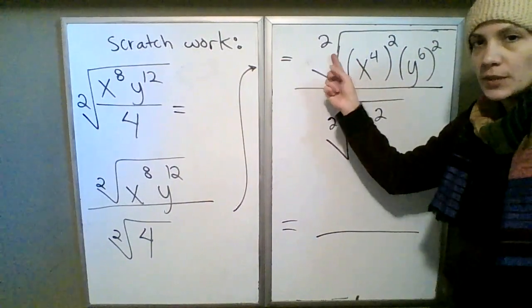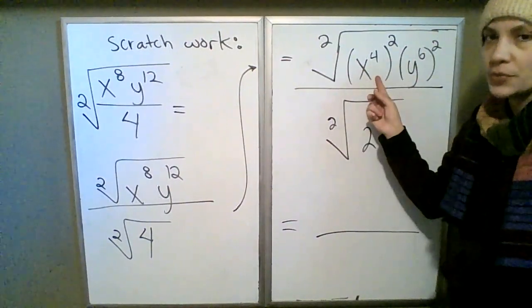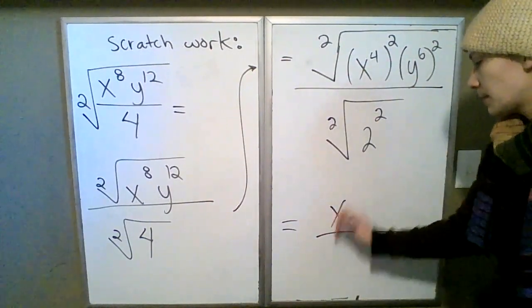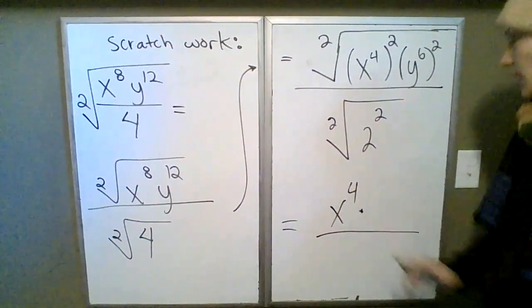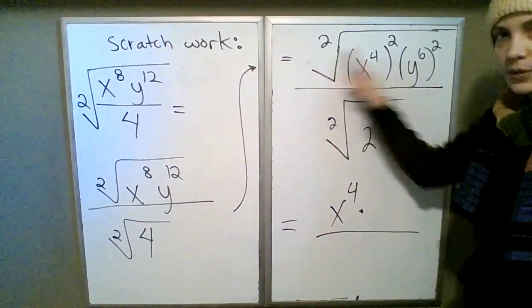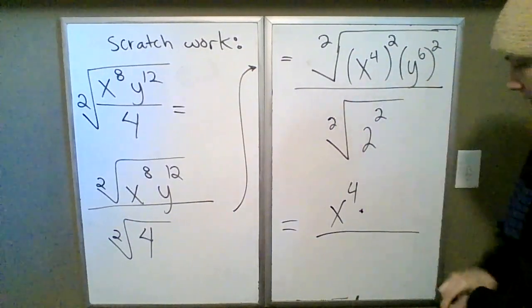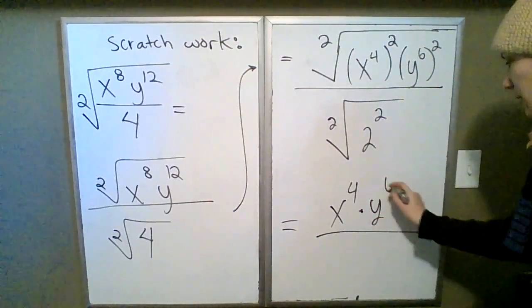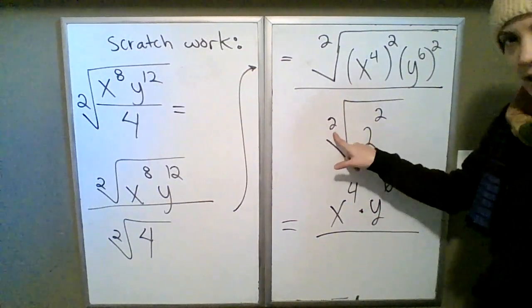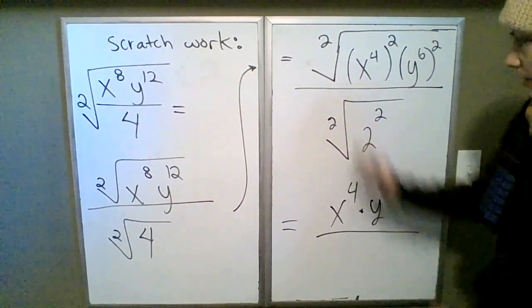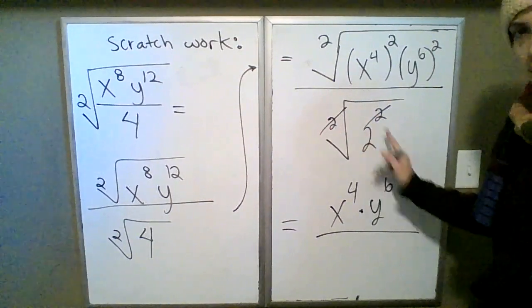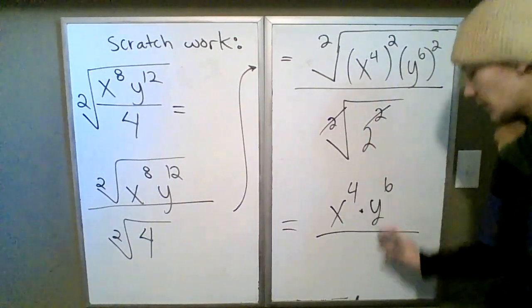Okay, so the root and power match, which leaves an x to the 4th. Same with this root and power, we'll get y to the 6th. And then that root and that power will leave 2 in the denominator.